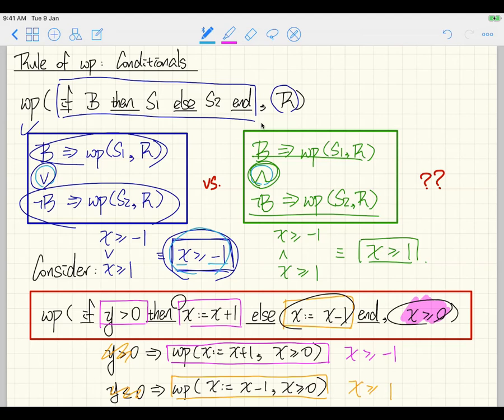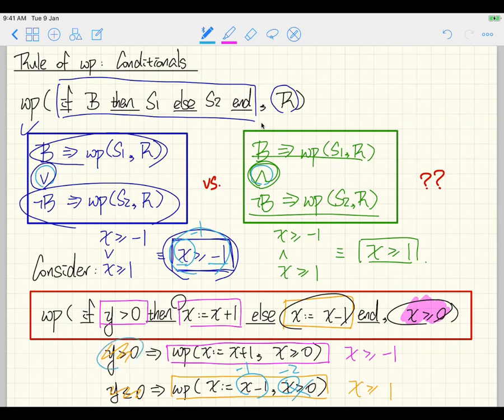But if x is simply -1, then -1 minus 1 gives us -2, and -2 larger than or equal to 0 is false. That will violate the postcondition.